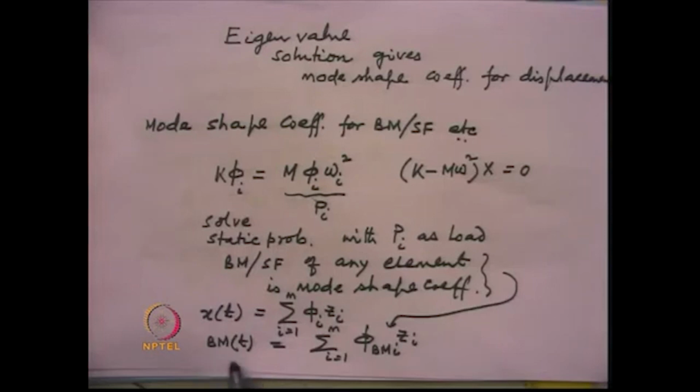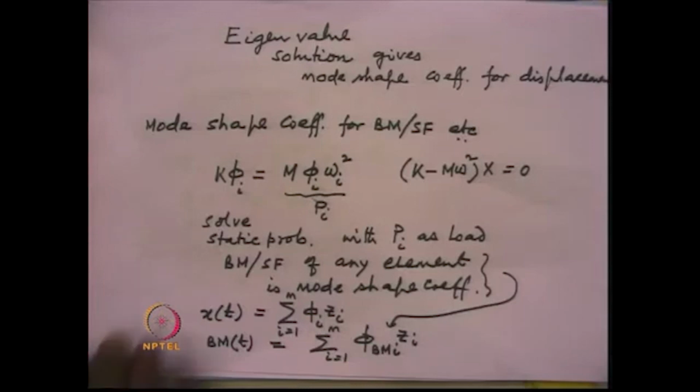Similarly, if I want to find out the bending moment at any particular section, then we sum it up over all the modes, this product, that is phi bending moment i, which is the bending moment coefficient obtained for the ith mode, multiplied by z i. So, one can obtain the bending moment, shear force or any internal forces by this technique as well.